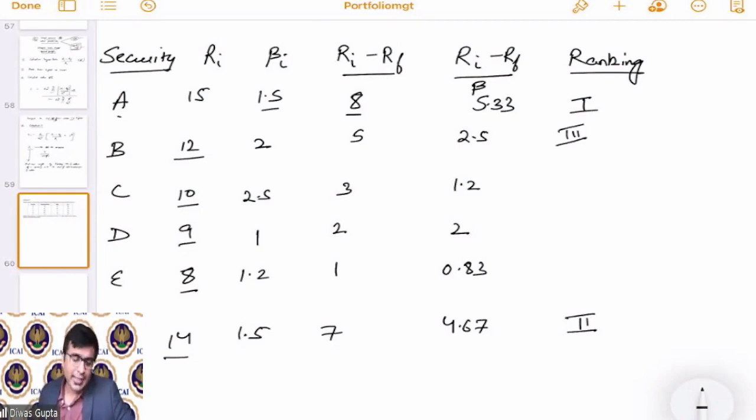Fourth ranking is D, which is 2. Fifth ranking is C, and sixth ranking is E. Perfect. Pradeep, thank you for answering. A has the highest ranking. Okay. Now we have plotted all the rankings here.